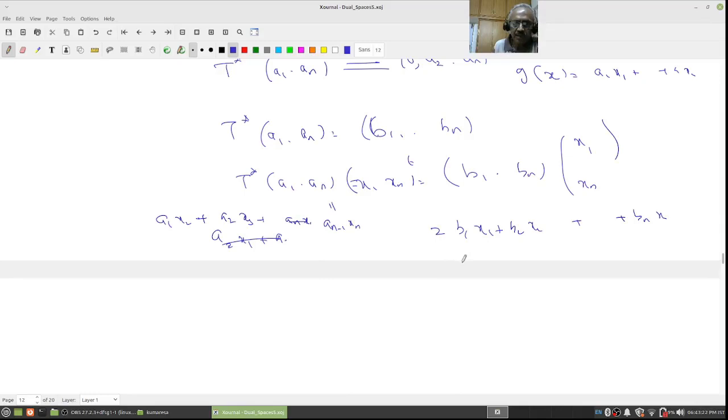Okay, these two are equal. That means my b1 is 0 and b2 is a1 and bn is an minus 1.